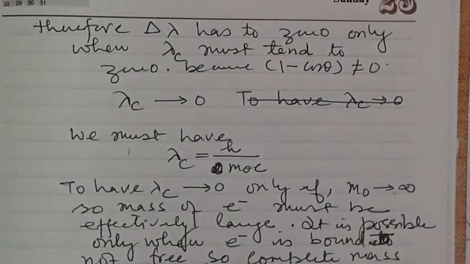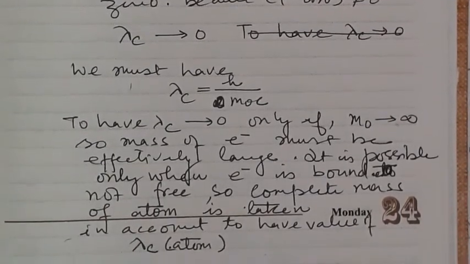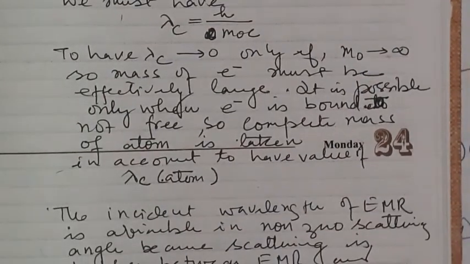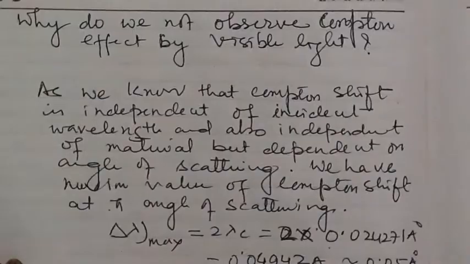Therefore, you can say the scattering takes place from the bound electron, the atom, or the atom as a whole. So the Compton shift will be 0, and therefore lambda dash must be equal to lambda. That is the reason why we get a value of lambda in the direction of a non-zero value of theta.